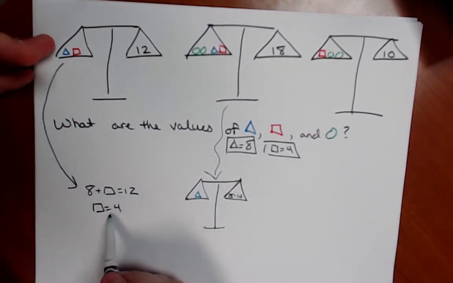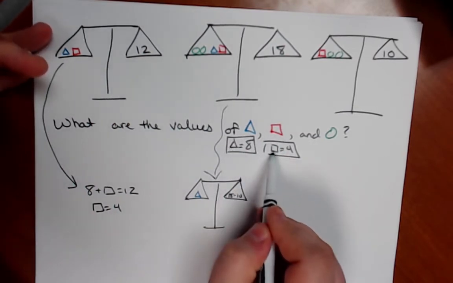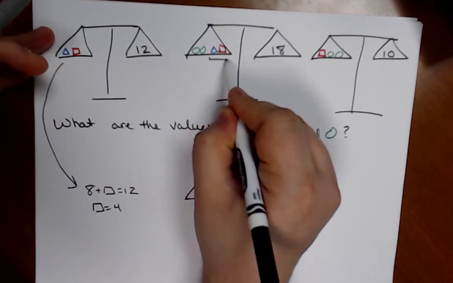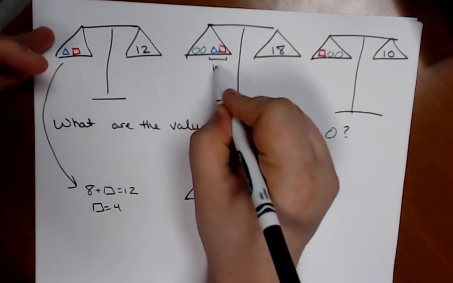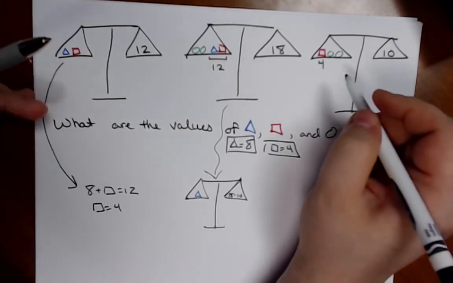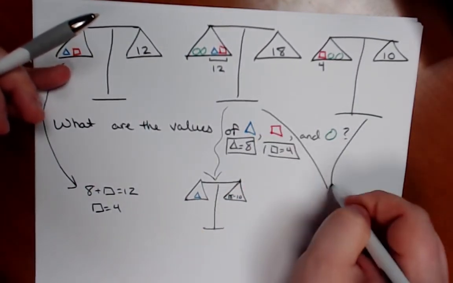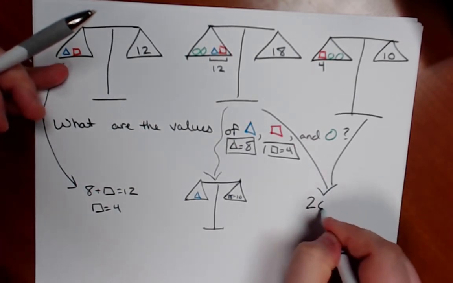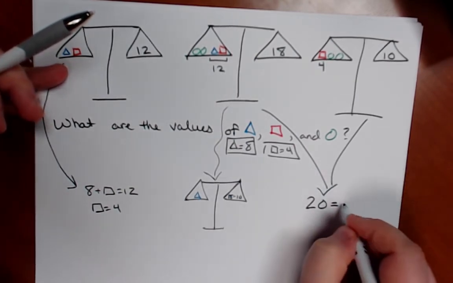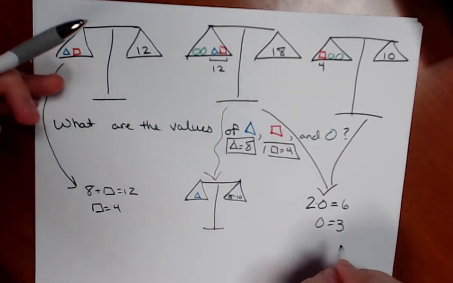And then if we use that, we can either use the fact that both of these, triangle and square, are 8 plus 4 or 12, or we can use the fact that this is 4, to get that 2 circles equals 6, and circle equals 3.